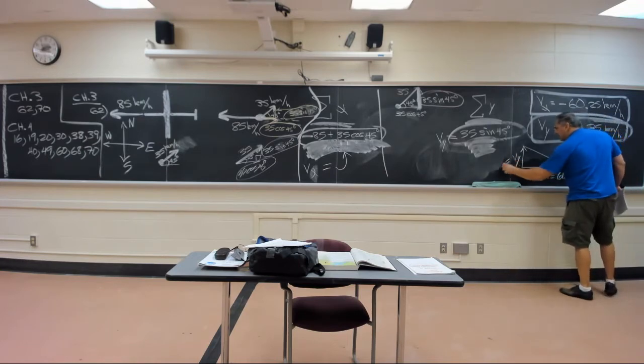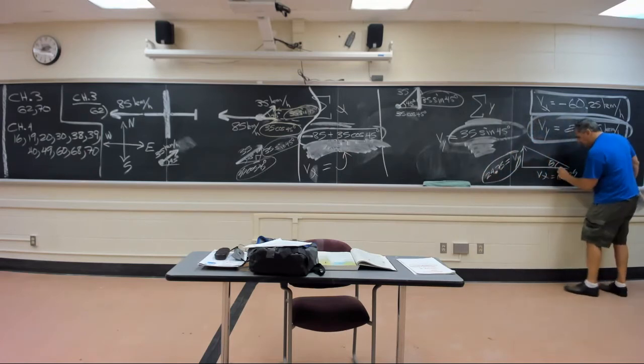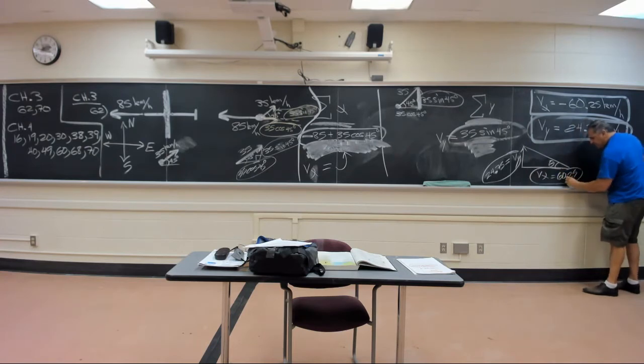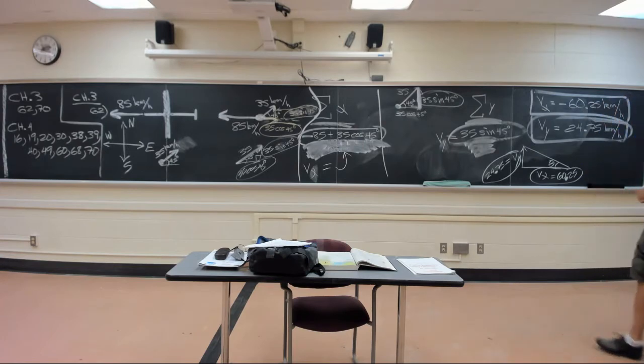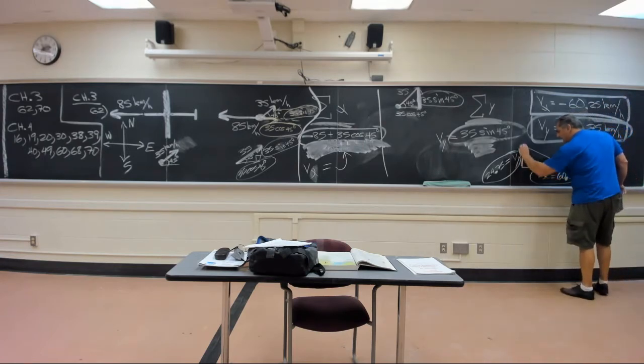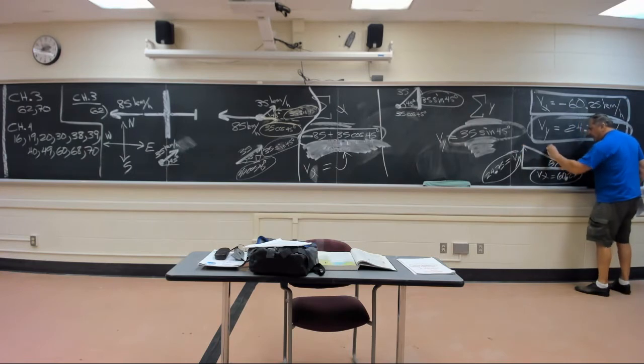Because this is positive, this is where the positive 24.75 is. So there you go. You've got the Vy, you've got the Vx, and this is going to be the V.